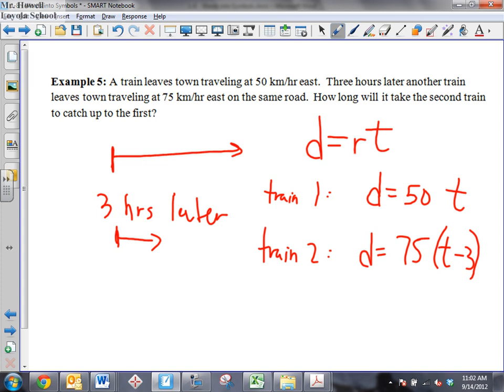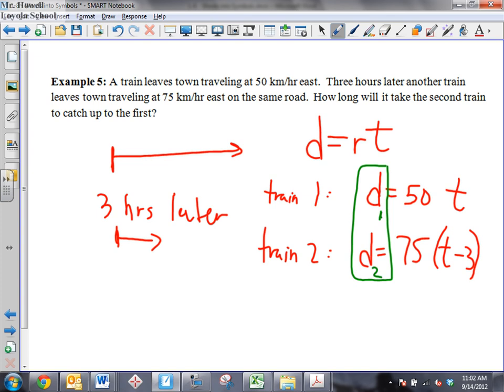Now, the problem says, how long will it take for the second train to catch up to the first? So we want to know, when will the time be that they've traveled the same distance? Therefore, these 2 values of d, which we could denote as d1 and d2, are the same.